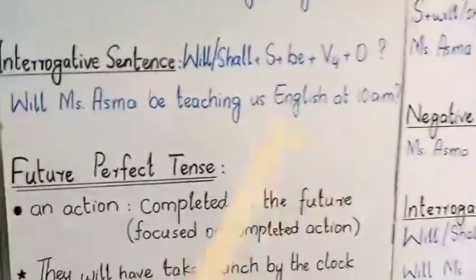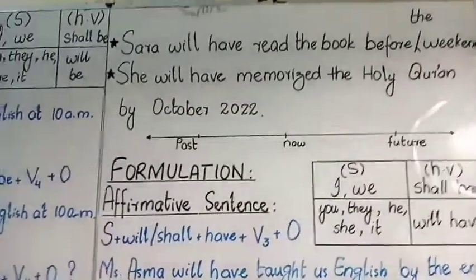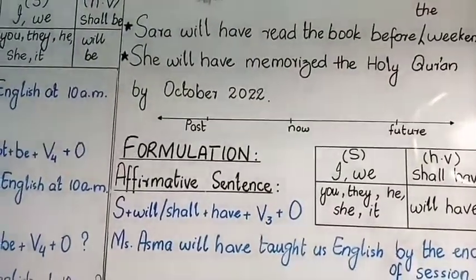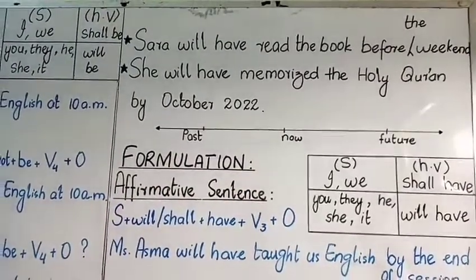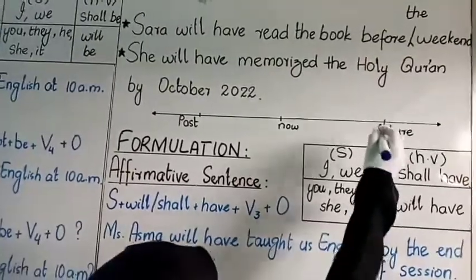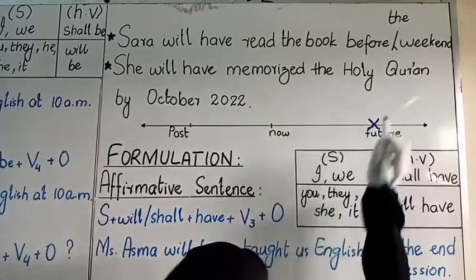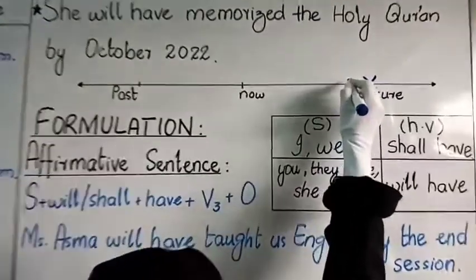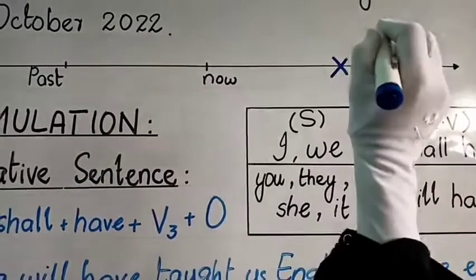Okay, come to the timeline. Suppose this is the time when the clock strikes 2, and before this time they will have taken lunch.